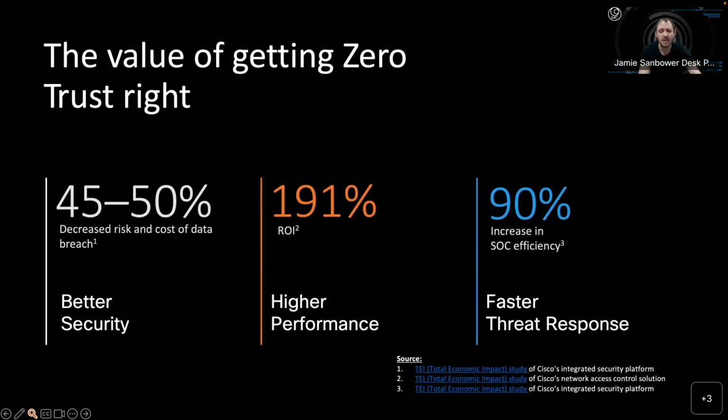You can see in the sources, a total economic impact study was done of Cisco's integrated security platform and network access control solution to provide some of these statistics. 45 to 50% decreased risk and cost of data breach, so better security when we implement Zero Trust; 191% higher performance, so return on investment and higher performance; and a 90% increase in SOC efficiency. The key thing here is being able to implement Zero Trust without adding that operational overhead.